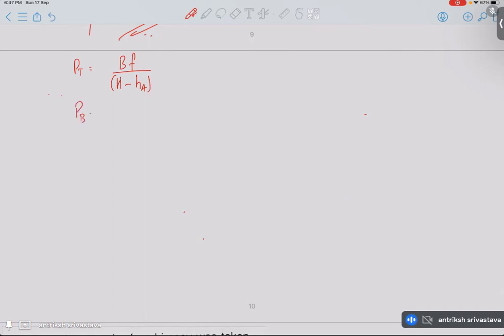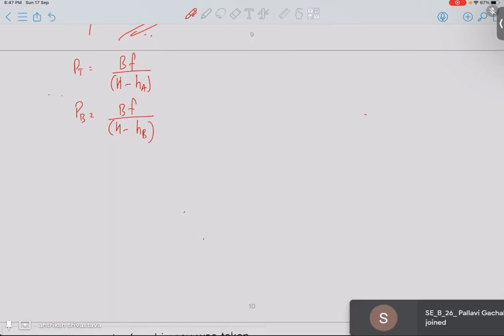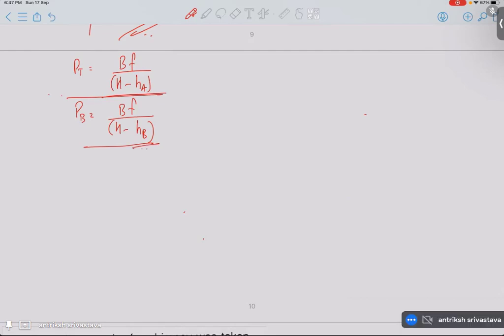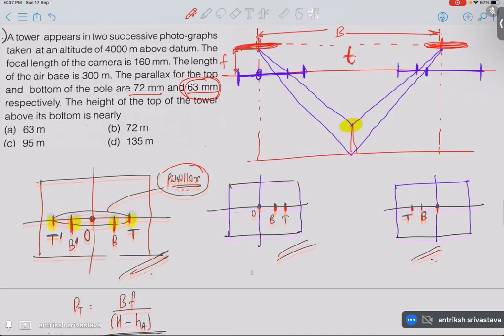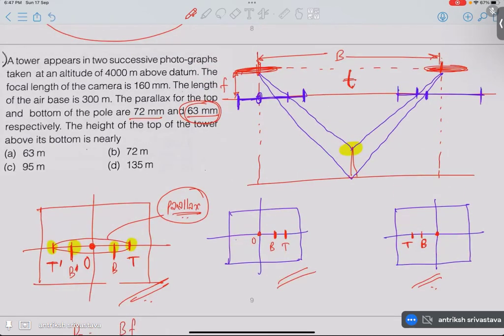Parallax for the bottom will be b into focal length divided by h minus hb. Right? Simple formula. So now that we know these things, let's see what the question is asking. The question is asking that I have given you this focal length, I have given you the height of flight, I have given you the air base, that is this b, I have given you the parallax also. Now tell me the height of the top of the tower above its bottom. So it's basically asking us ha minus hb.